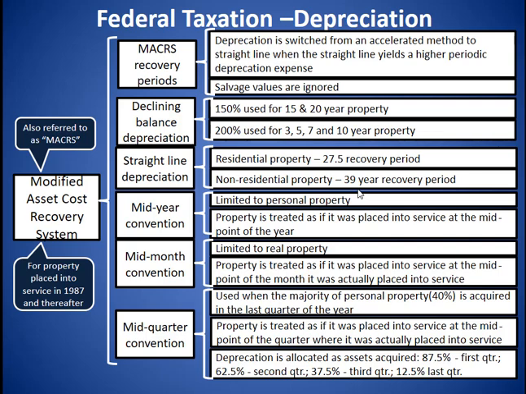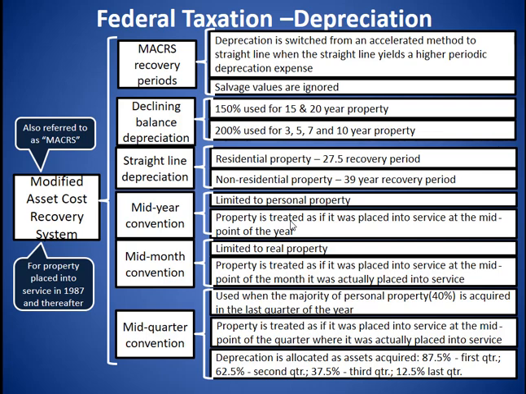Now, MACRS also provides for accelerating the partial depreciation that may be taken during the first year of depreciating the asset. The first concept is what we call the mid-year convention. Mid-year means it's limited to personal property, and the property is treated as if it was placed into service at the midpoint of the year.